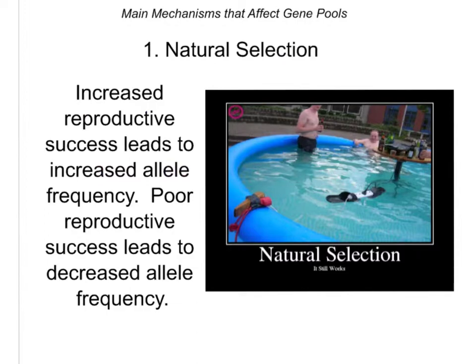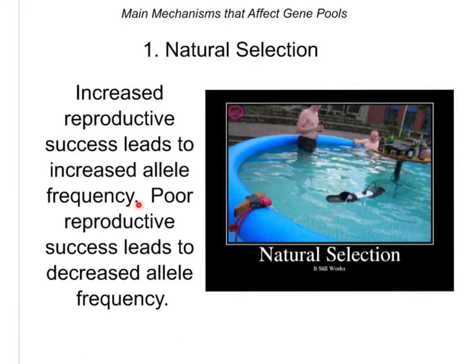We've already looked at natural selection. We had a whole section on that. You already understand that. I just really like this picture of natural selection. This still works. These guys have an outlet right there floating in the water. Maybe they will not be around to pass their genes on to the next generation. Anyway, just to review, natural selection is that increased reproductive success leads to increased allele frequencies.